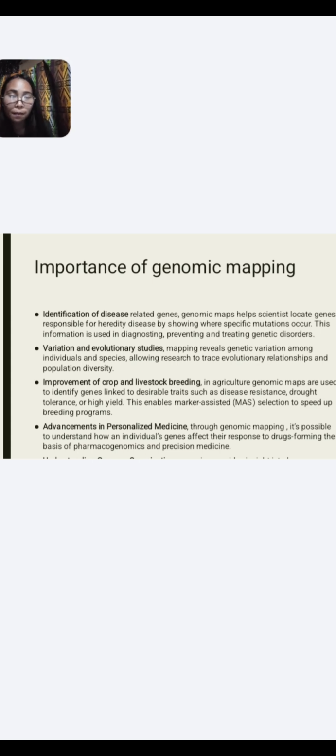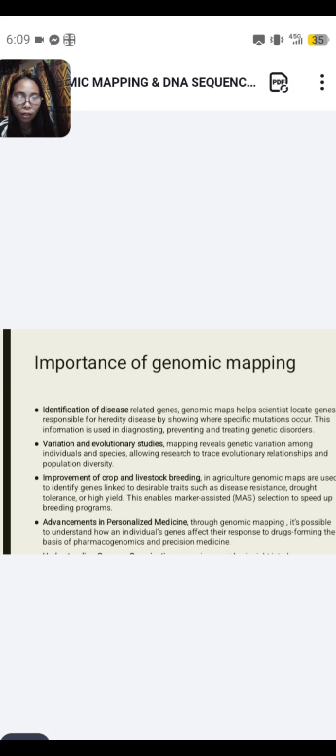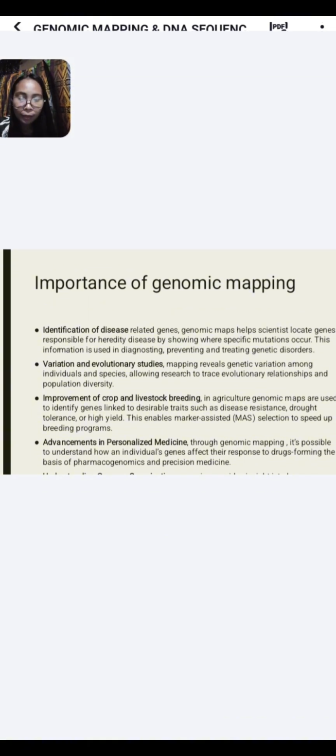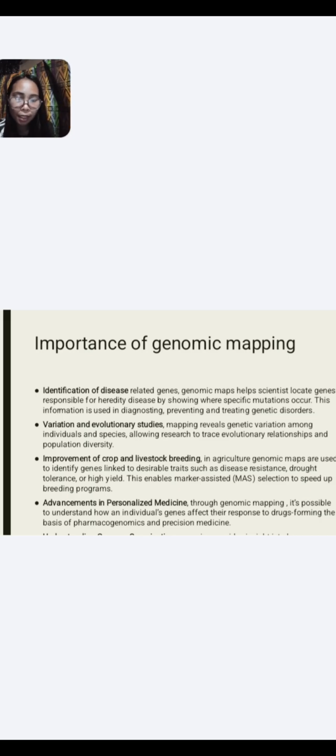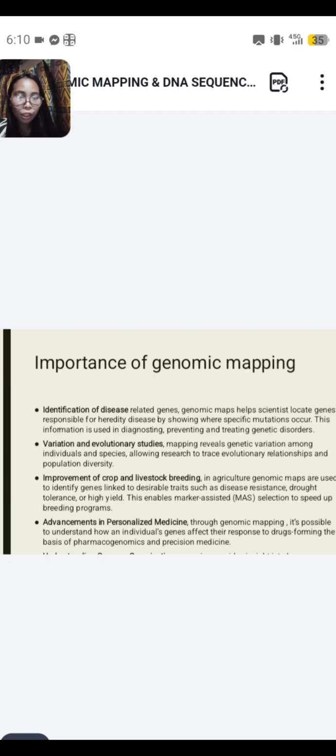Genomic mapping can help scientists locate the genes responsible for hereditary diseases by showing the specific mutations. It gives information for diagnosis, and for preventing and treating genetic disorders.